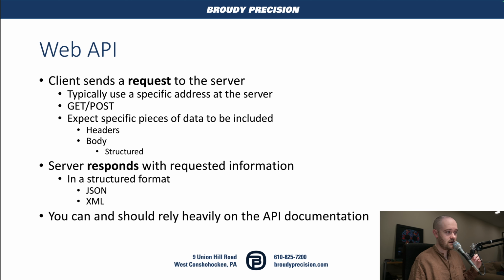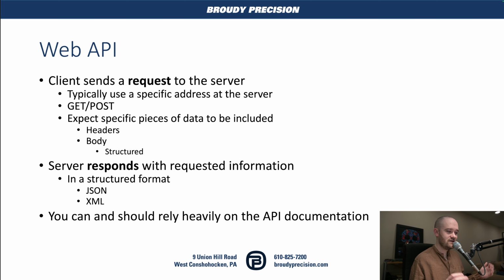These requests have specific pieces of information inside them, typically, that the server is going to expect. So things like headers, these can be used for authentication or authorization, so that the server knows that you have access to be able to use the API.